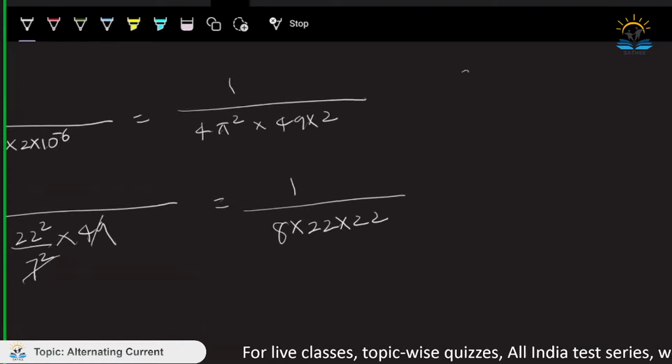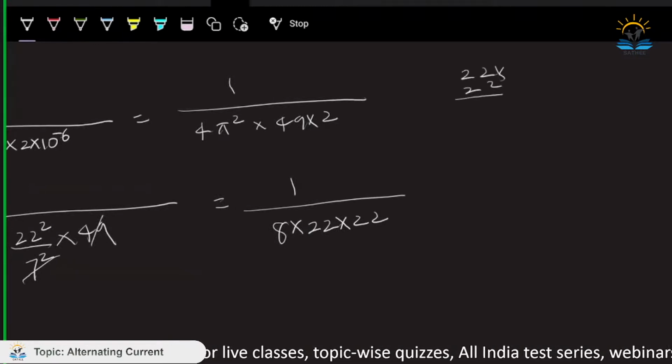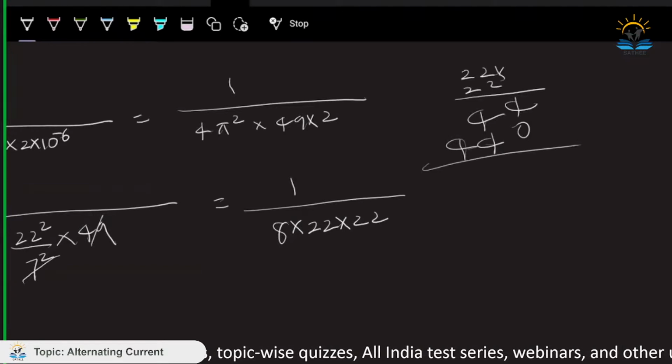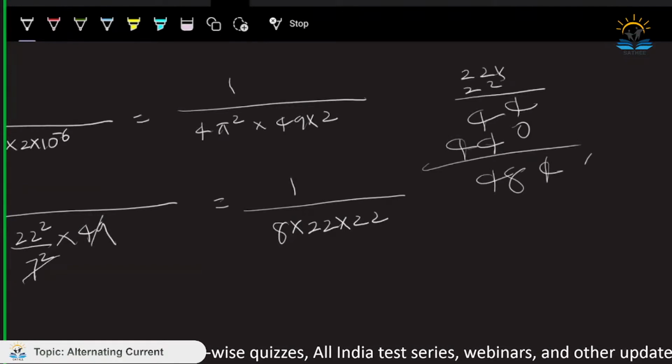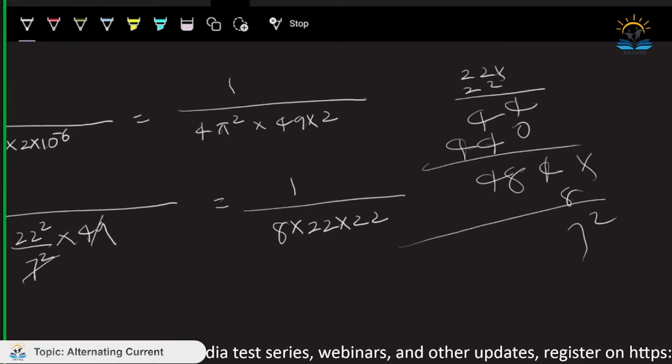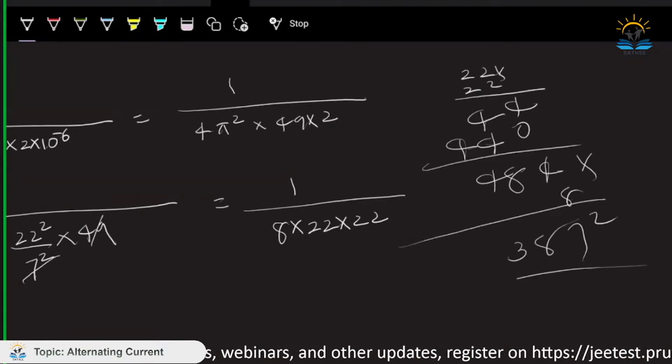What is 22 square? 22 into 22 is 484, into 8 is 3872.